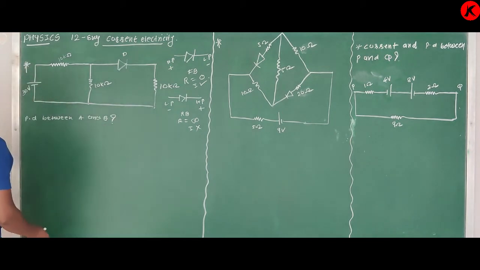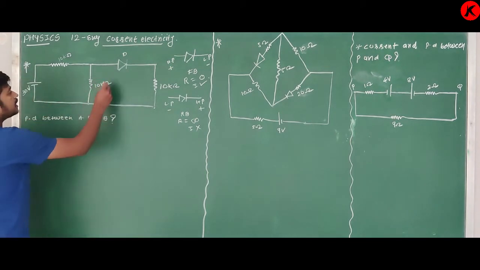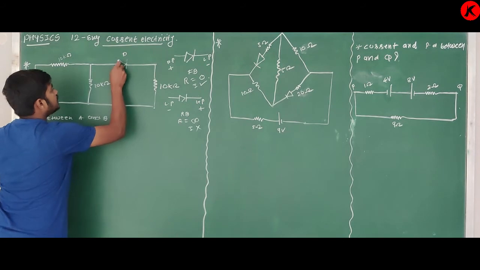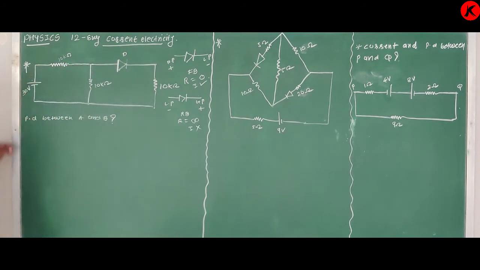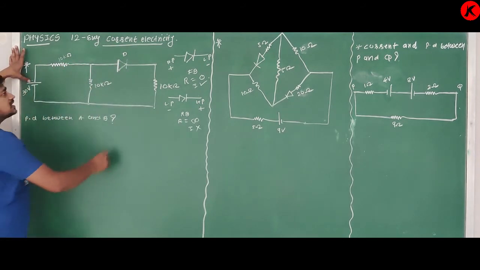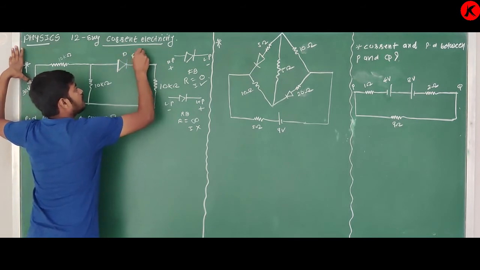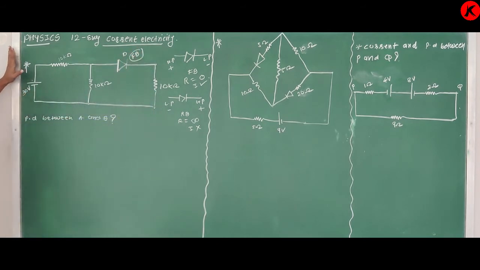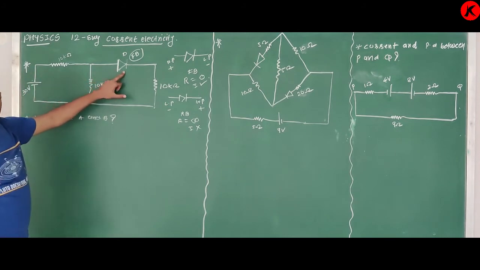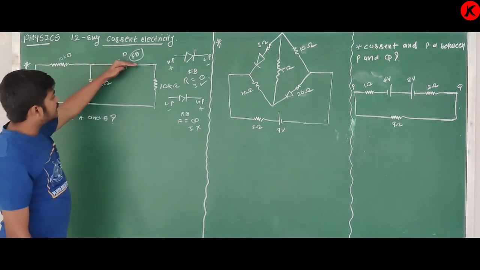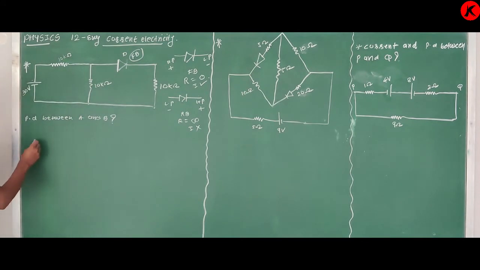So here this diode, see, its P side is connected with the positive terminal. So this diode is in forward bias condition. It means no resistance, and you can directly draw this figure like this.